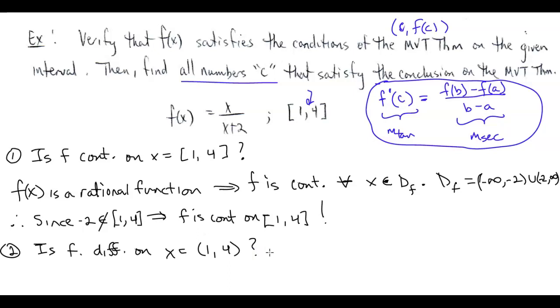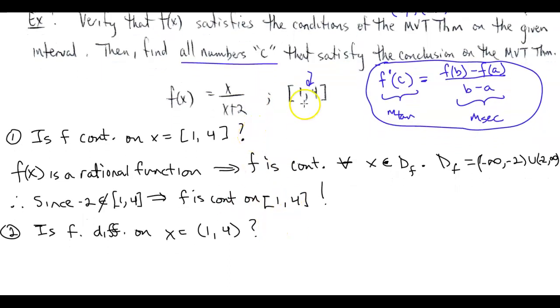And then after we do that, show that the domain of the derivative is not going to include any values that we actually need for this open interval from 1 to 4. So essentially find the derivative of this, find the domain of it, and show that the values that may not be in the domain are not values that are a part of this interval here. Kind of like what we did up here.